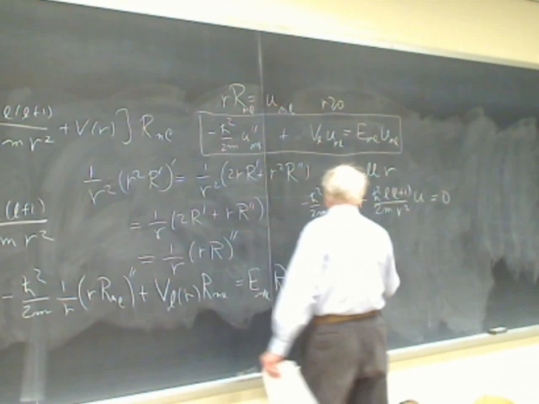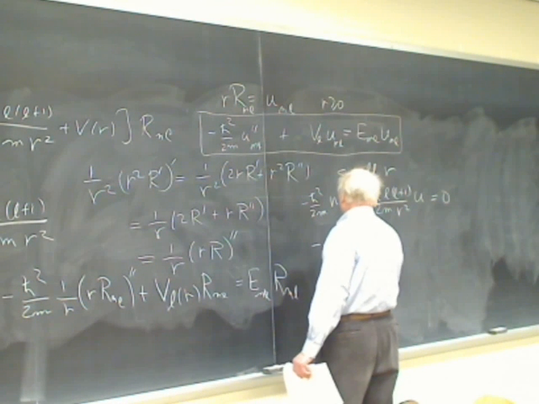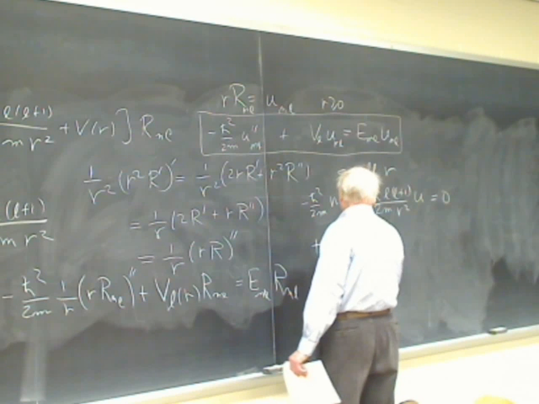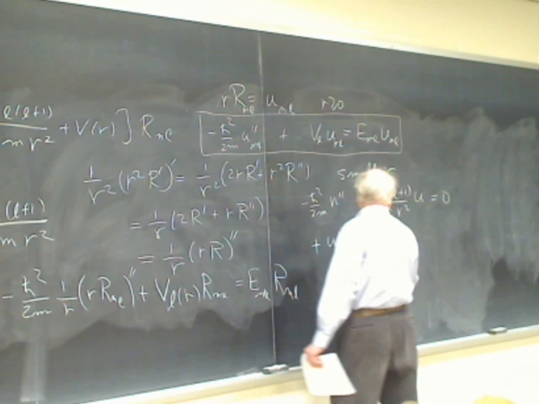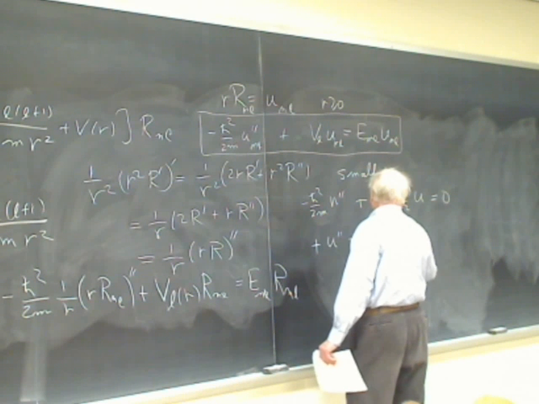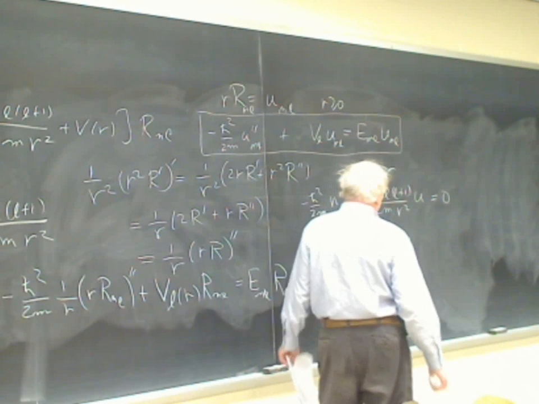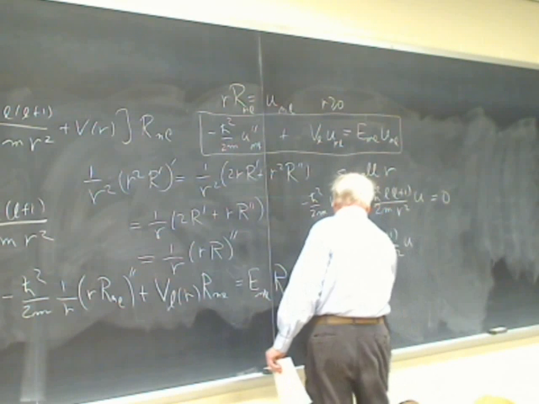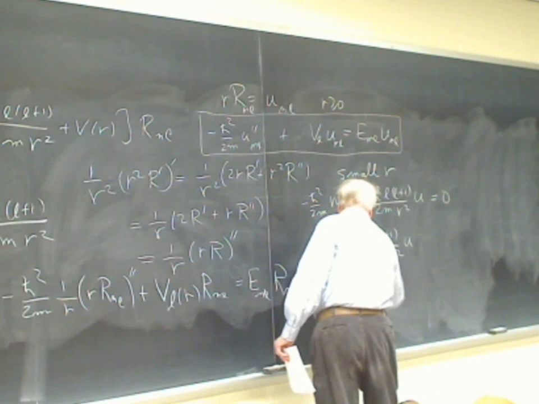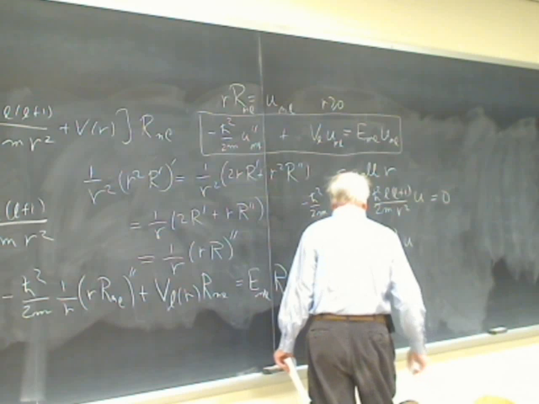And if we cancel the h bar squared over 2m, we can just say u double prime is equal to l times l plus 1 over r squared u. And now we can say let u equal r to some power, say s.